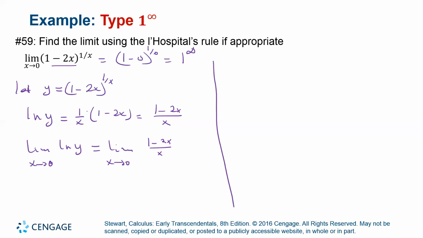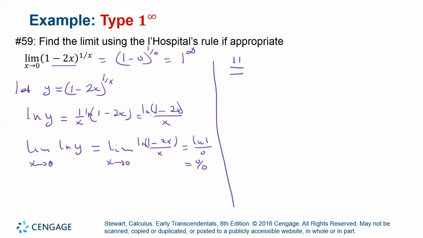Sorry, this is supposed to be natural log. All right. So then if x goes to 0, you're going to have natural log of 1 over 0, which is 0 over 0. Therefore, we apply the L'Hopital's rule.